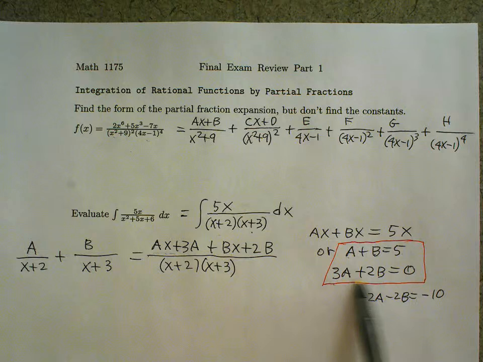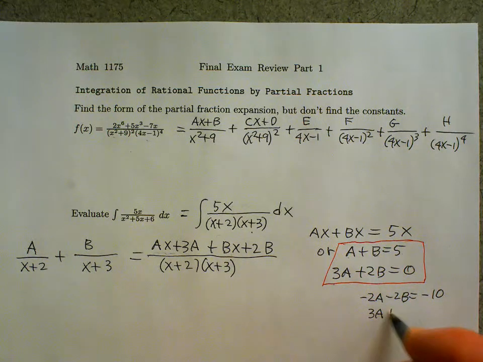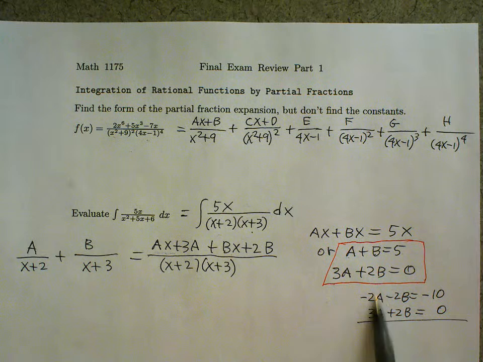And leave the other equation exactly the same, 3a plus 2b equals 0. Then when we add these two equations together, on the left, the only thing that survives is a, and on the right-hand side, -10. So a is equal to -10.